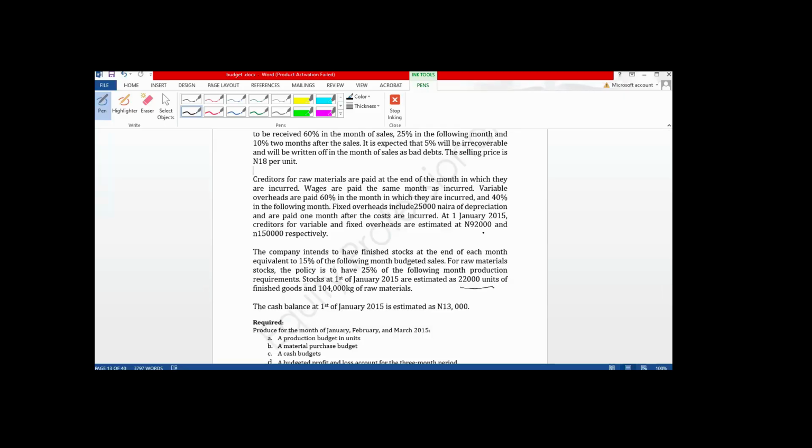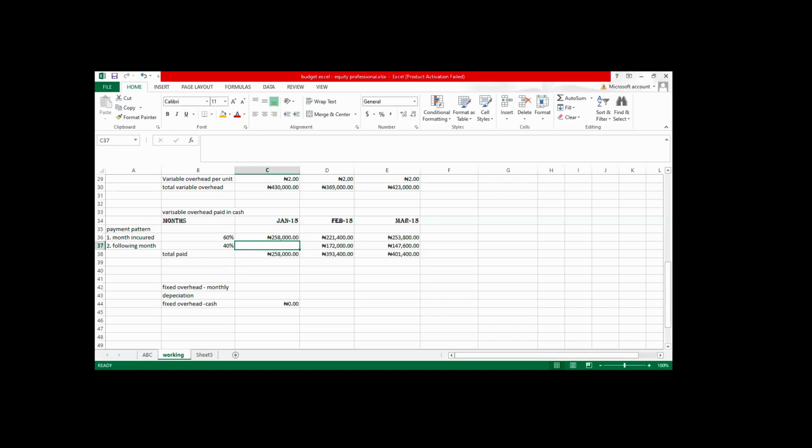That means you have been given variable overhead and fixed overhead at the start of January. Variable is 92,000. Fixed is 150,000. I can come here. The figure here is 92,000.